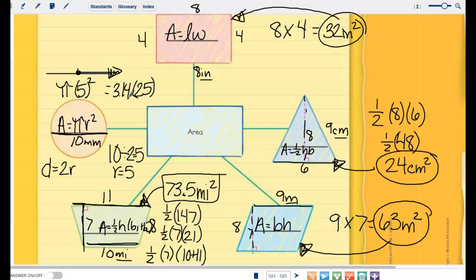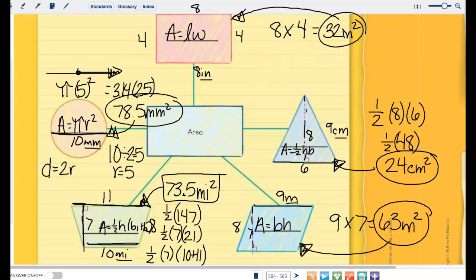So 25 times 3.14 gives me 78 and 5/10 millimeters squared. So that one's a little confusing because I wasn't given the radius to start with. When you are given the diameter, you have to divide it by 2 to find your radius in order to use the area formula. When you're given the radius, you can just plug it in.